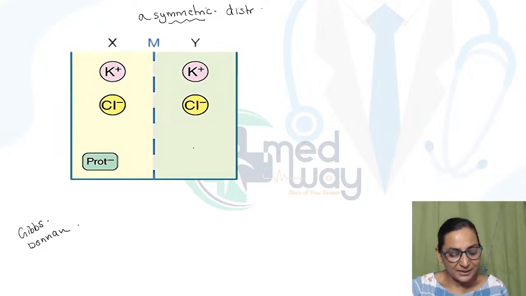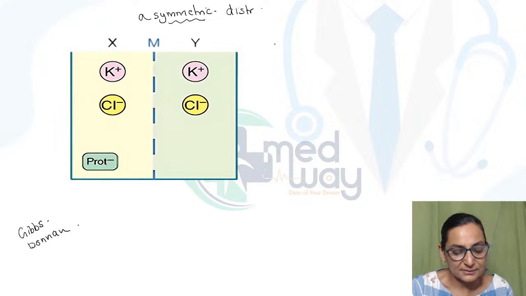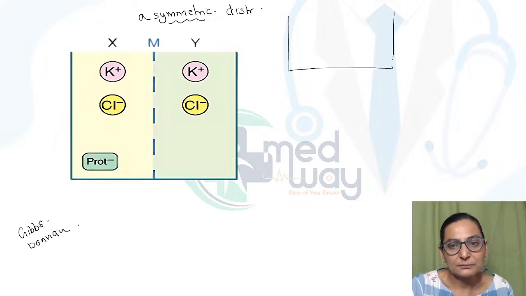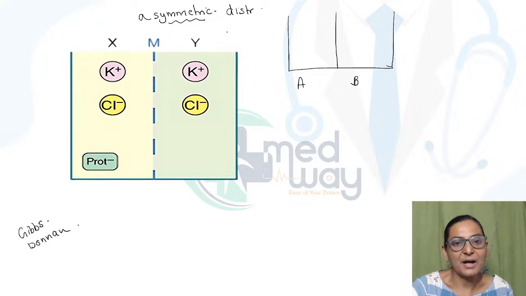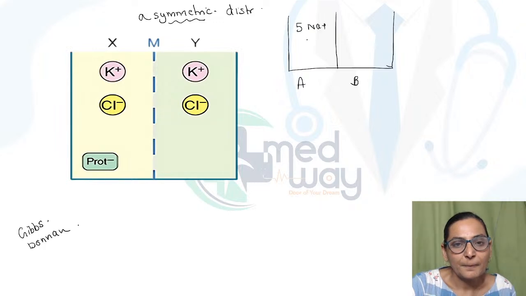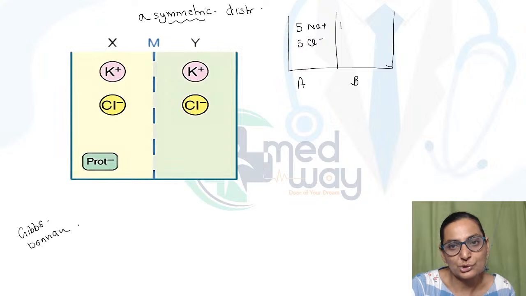Now suppose we consider a membrane separating two compartments. This is compartment A, this is compartment B, and it has got an equal number of ions. Suppose there are 5 sodium and 5 chloride, and on the other side also there are 5 sodium and 5 chloride.